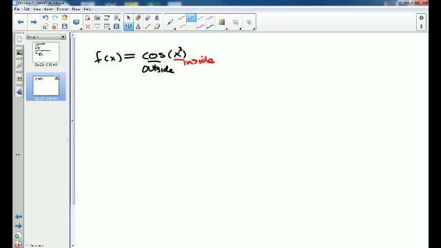That's the first key. We work outside in. So we start with the outside. There's a pattern, just like the product rule or the quotient rule, you gotta remember the pattern.